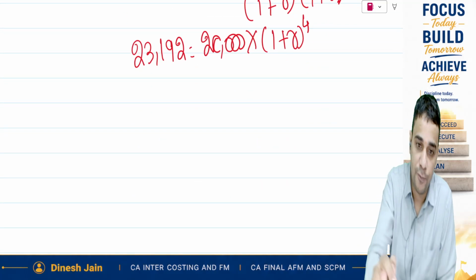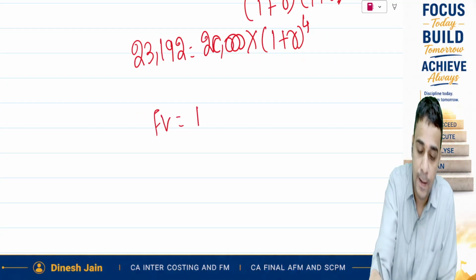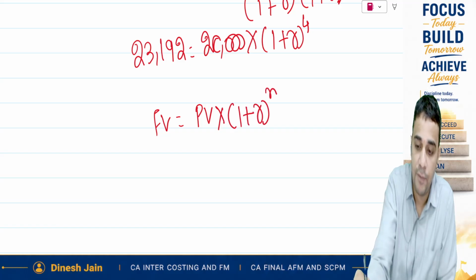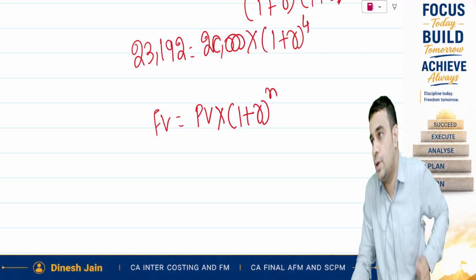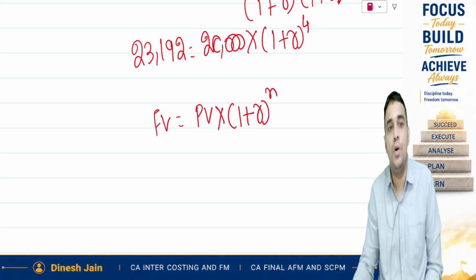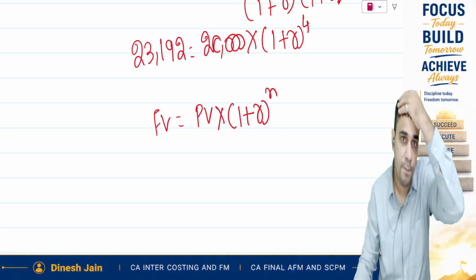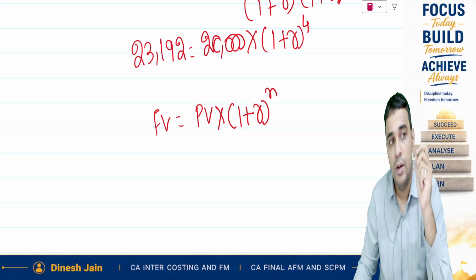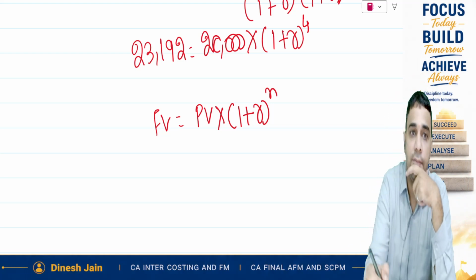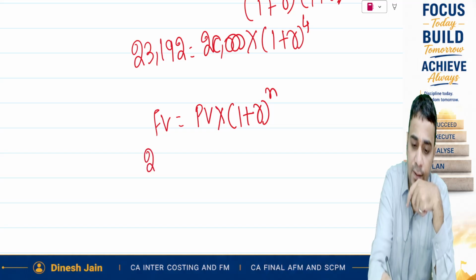Now write the formula. Future value is equal to present value into 1 plus r power n. What is the future value we get back? 23.